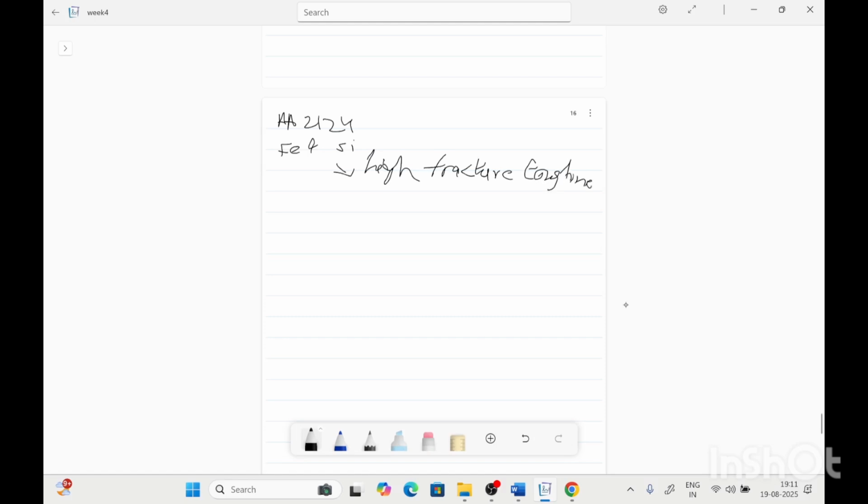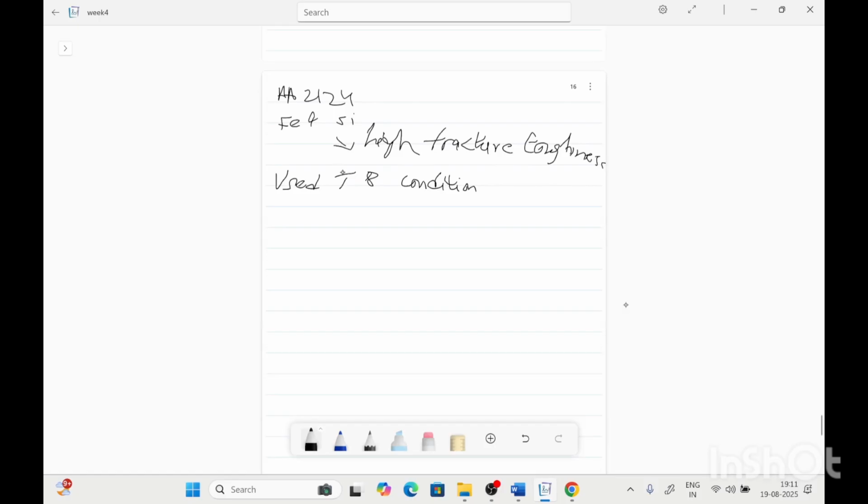This is also used in the T8 condition. Due to the T8 condition, it is solution treated, cold worked, plus artificially aged. Due to cold working, the dislocation density increases.